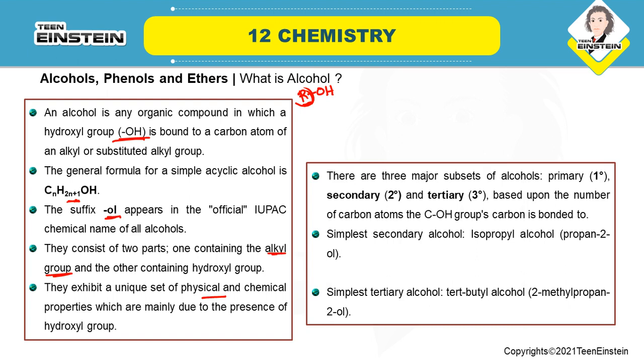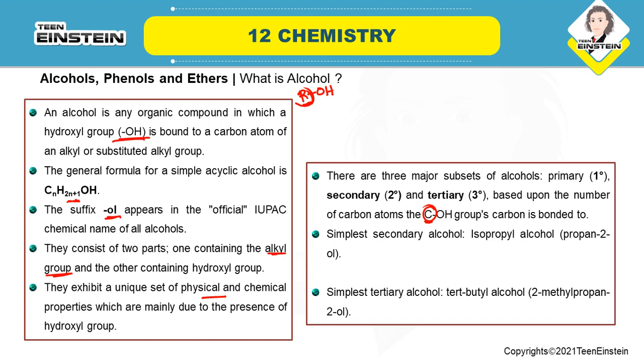Now we can have three major subsets of alcohols: primary or 1 degree, secondary or 2 degree, and tertiary or 3 degree, based upon the number of carbon atoms that the OH group's carbon is bonded to. That means OH is attached to some carbon, and depending on how many carbon atoms this carbon is attached to, we call it 1 degree, 2 degree or 3 degree alcohol.